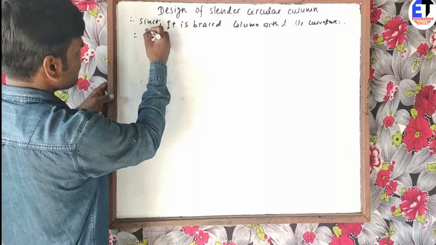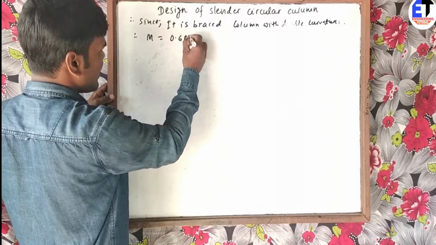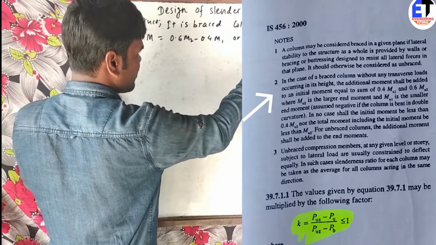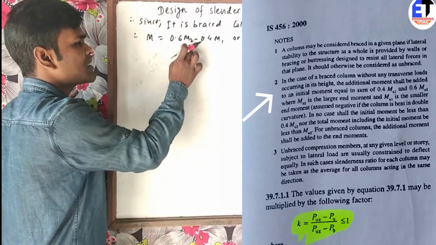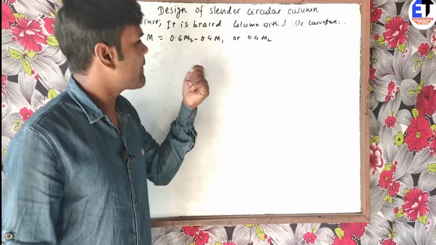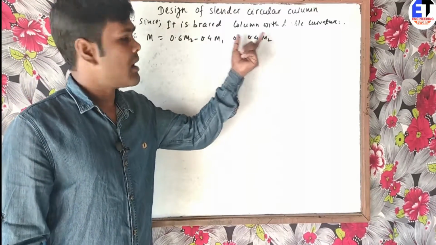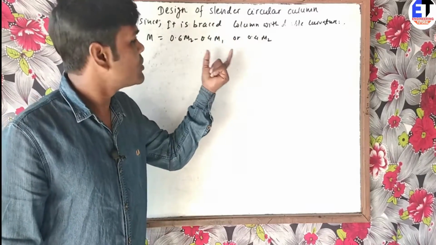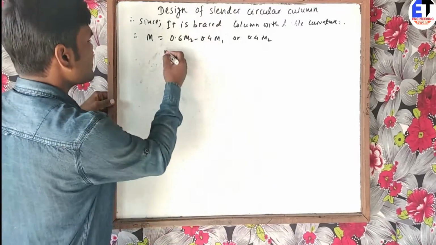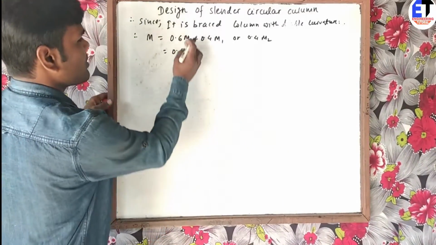What is the formula for the initial moment? Let's write. M is equal to 0.6 M2 minus 0.4 M1, or 0.4 M2. This is the moment for top, this is the moment for bottom, and there are two values, whichever is more. So 0.6, what is the moment for the top level?